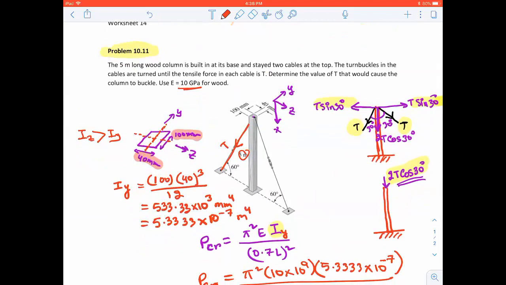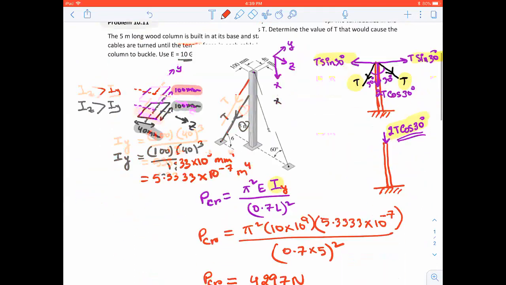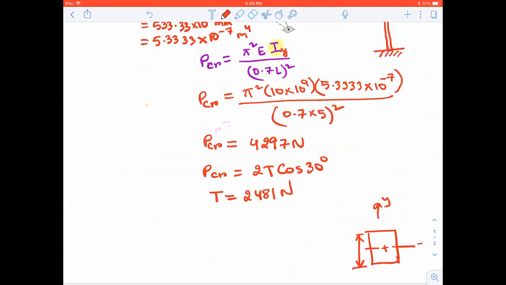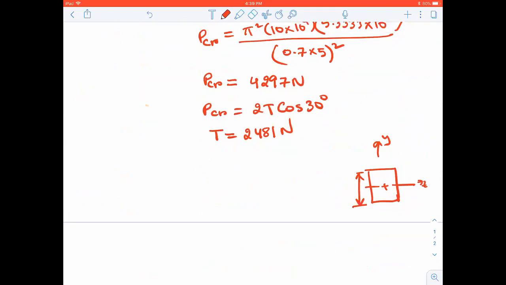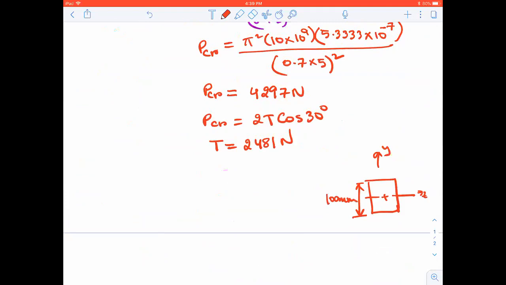But if you look at it carefully, say I draw any arbitrary cross section. This is your y, this is your z, and say this is 140. If you are considering about this axis, where is your base?